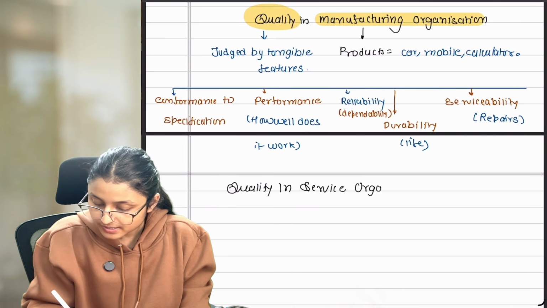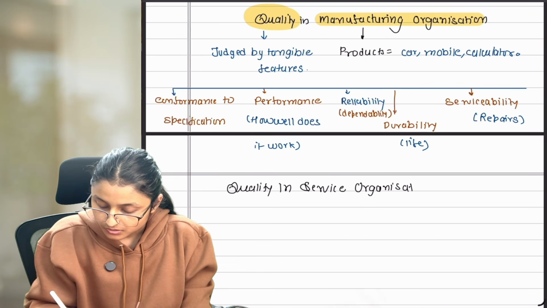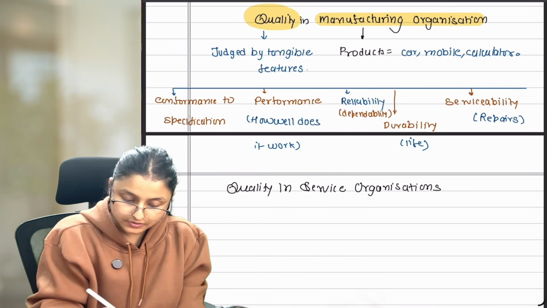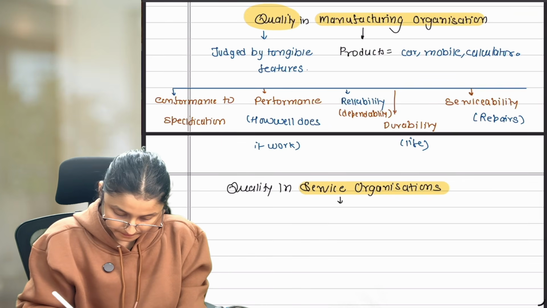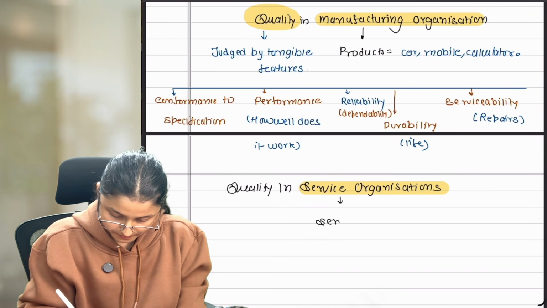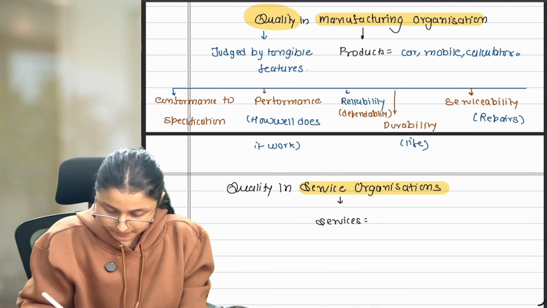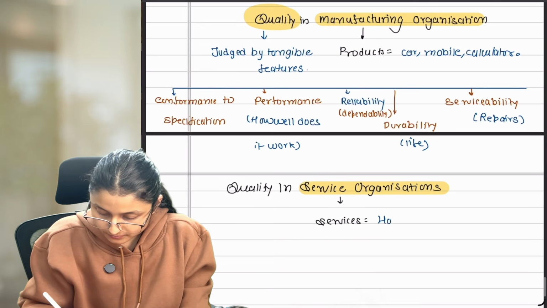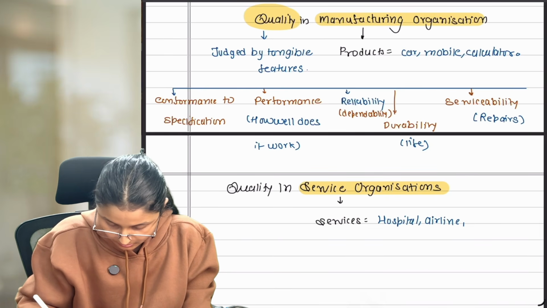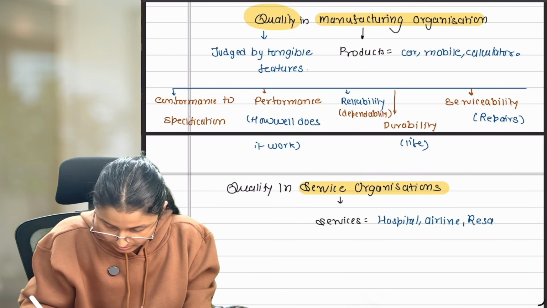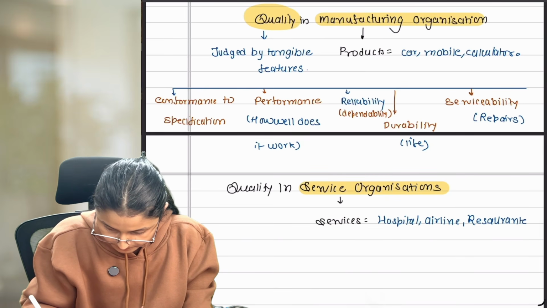What are service organizations providing to you? They are providing some services, right? Services like hospital service, airline service, restaurant service, universities are providing you services.